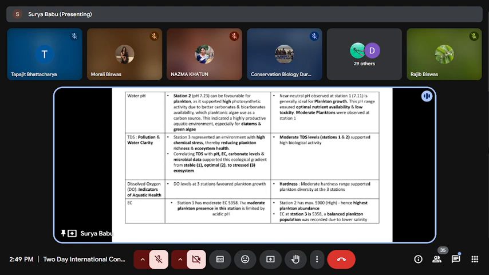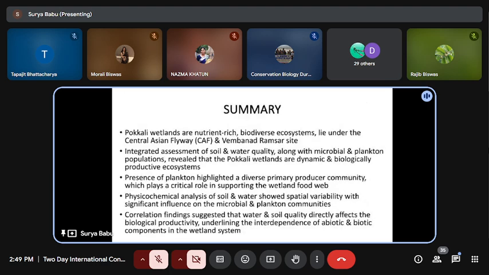Then electrical conductivity was moderate in station 3, which shows a moderate plankton abundance at station 3, accompanied by limited acidic pH in that station. Coming to the summary, the Pokali wetlands come under the Vembanad Ramsar site.